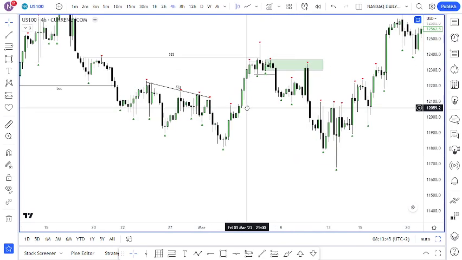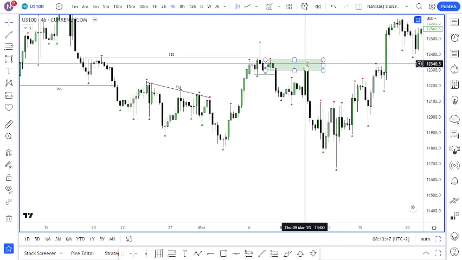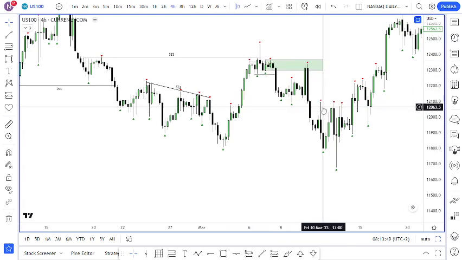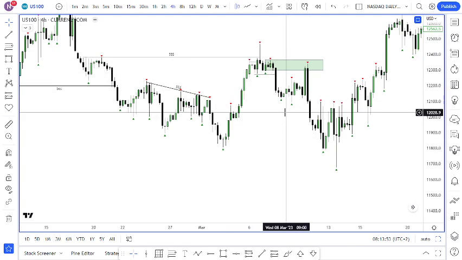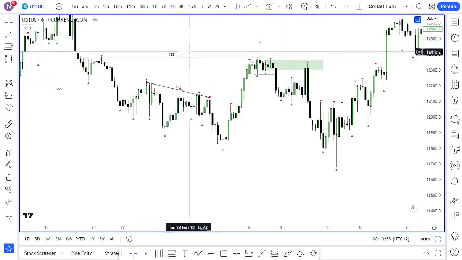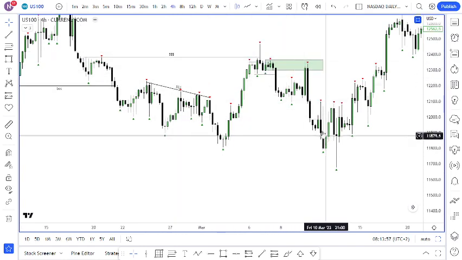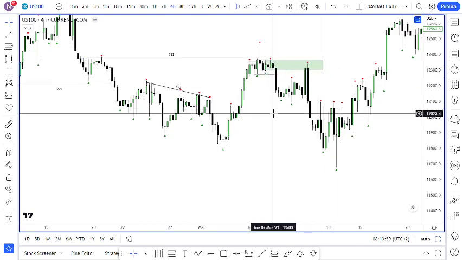And then obviously you target liquidity, right? So you target inducement. So you use inducement to enter and to target, to exit.